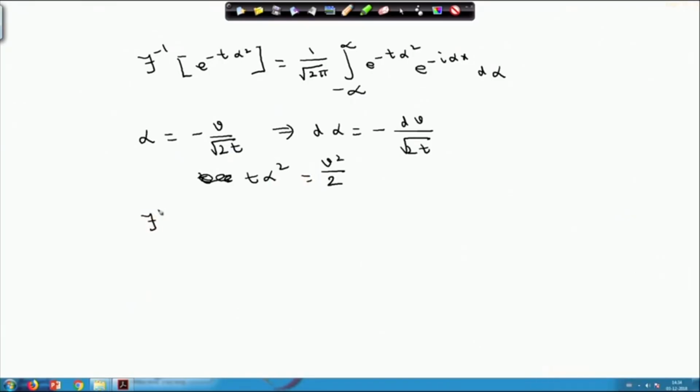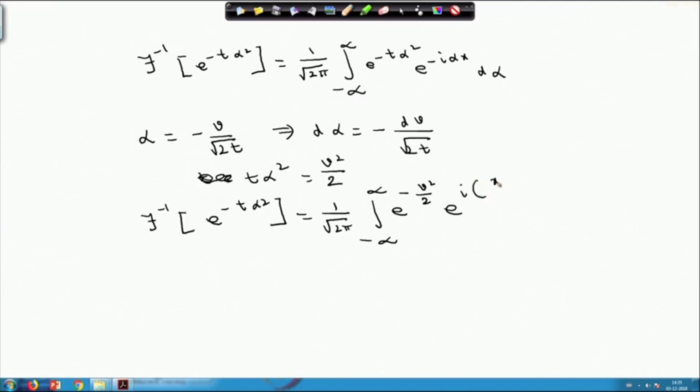If I substitute this in the given integral, you can write the Fourier inverse of e power minus t alpha square equals 1 by root 2 pi, integral from minus infinity to infinity of e power minus v square by 2 into e power i into x by root 2t into v into dv by root over twice t.